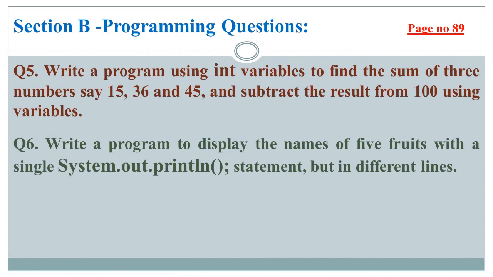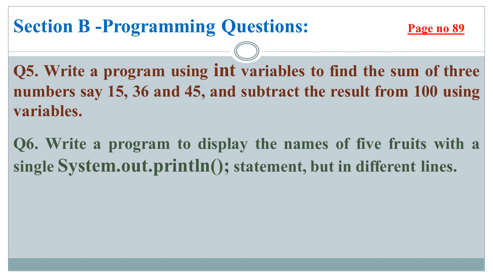The next is question number 5. This question you have to try. Write a program using int variables to find the sum of three numbers, say 15, 36 and 45, and subtract the result from 100 using variables.